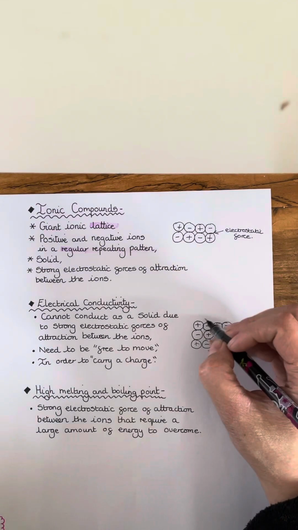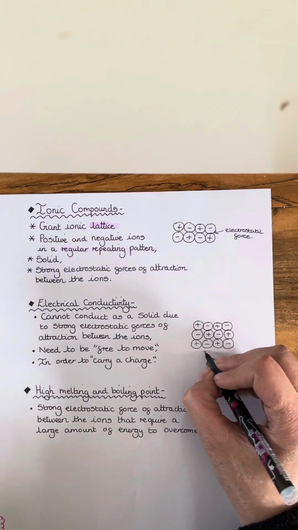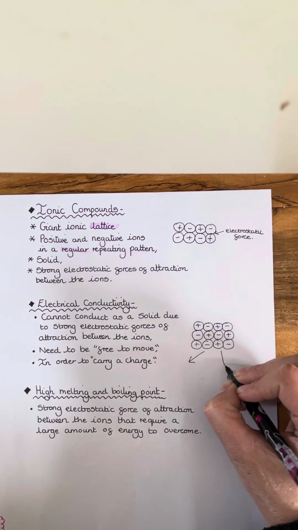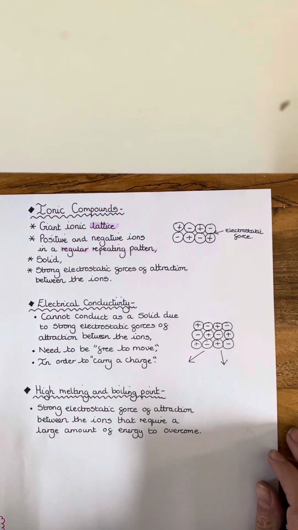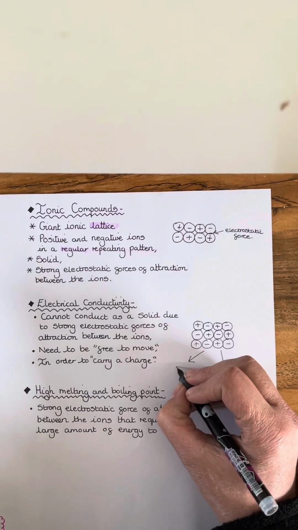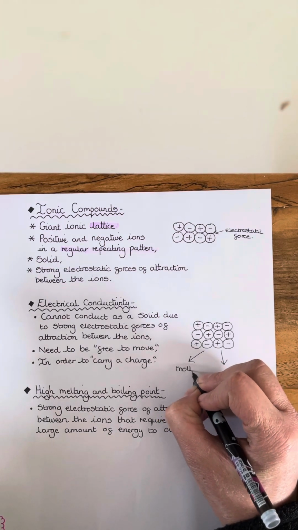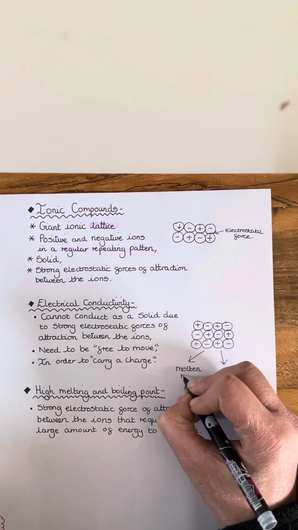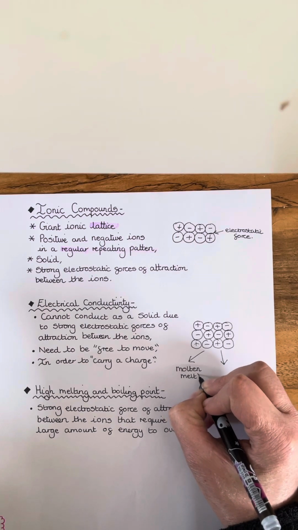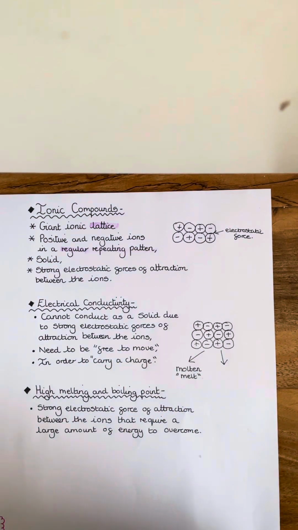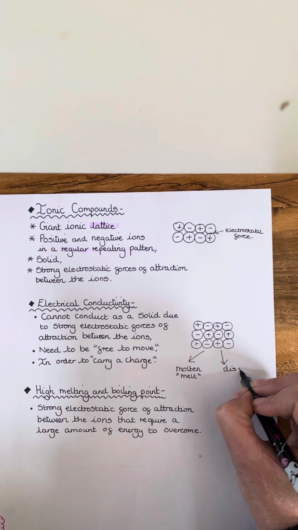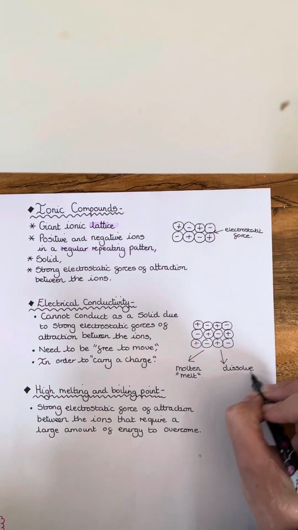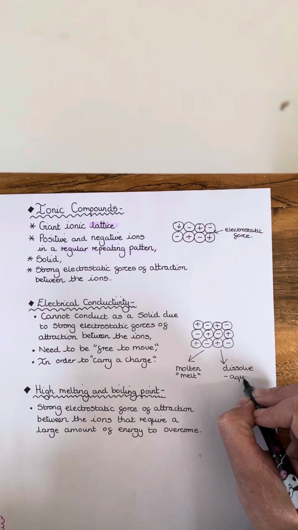Now, this is your giant ionic lattice, and what we said was in order for them to be able to conduct electricity, they have to be free to move. And to do this, we have to make them either molten, which means we melt them, and they turn into a kind of liquid structure, or we've got to dissolve it, so the addition of water, and make that aqueous solution.